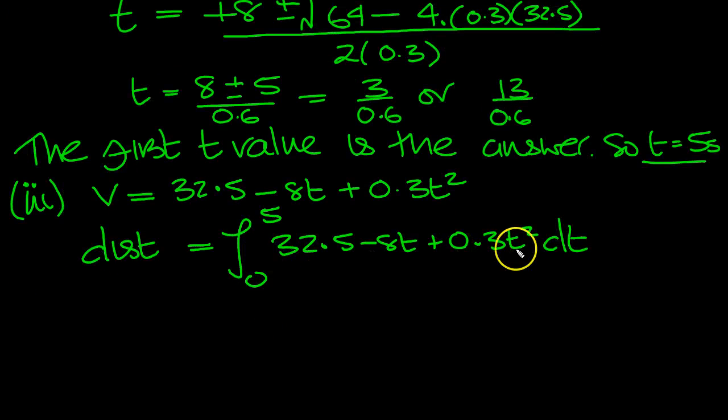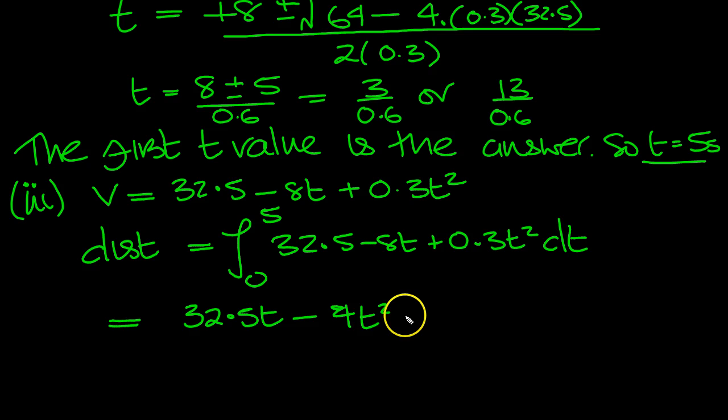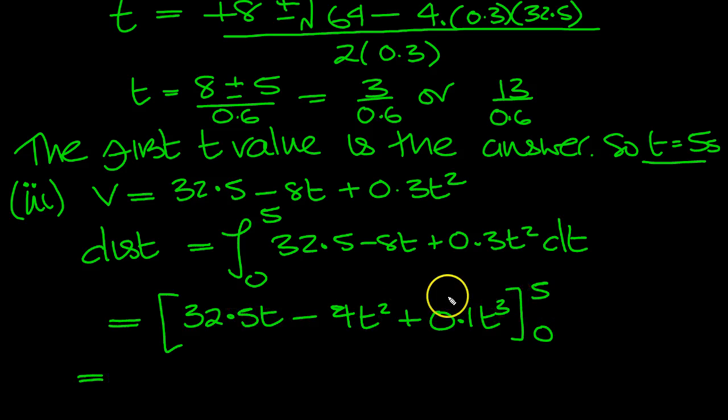It's always positive, v is always positive, so this is fine, because it goes from a positive velocity down to 0 at 5. So we get 32.5t minus 8t squared over 2, which is 4t squared, plus t cubed over 3, so that would be 0.1t cubed, between 5 and 0.